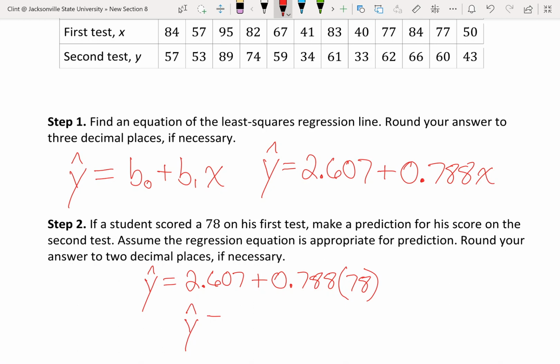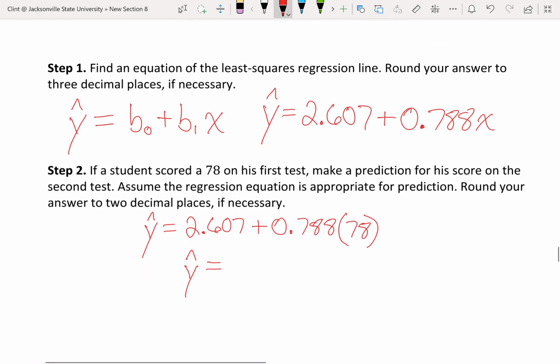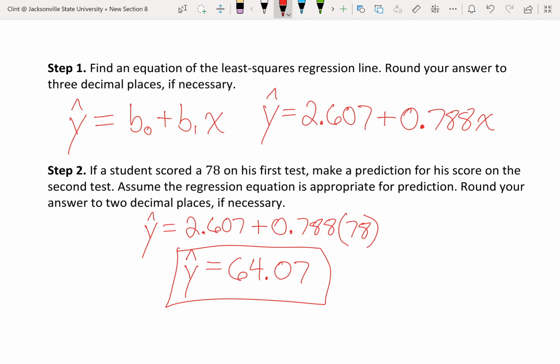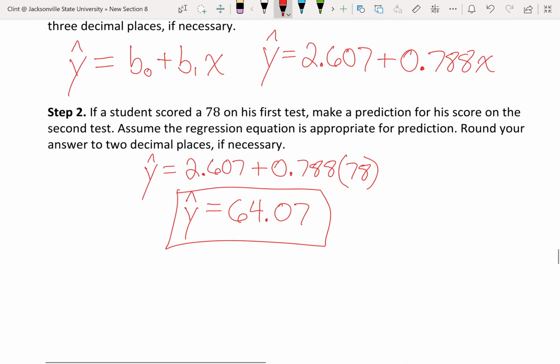Let's see what we get there. It says round to 2 decimal places if necessary, so that comes out to 64.07. All right, and that's it.